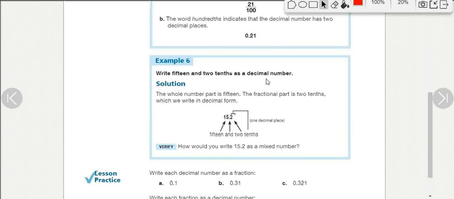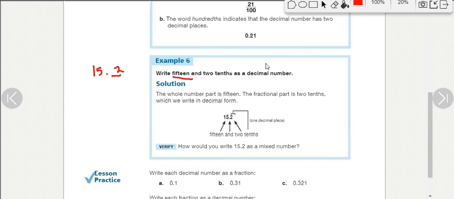And 15 and 2/10 as a decimal. 15 and 2/10. Let's just dissect this. 15, easy, and 2/10. Need a tenths place, and that's it. And a 2 goes there.